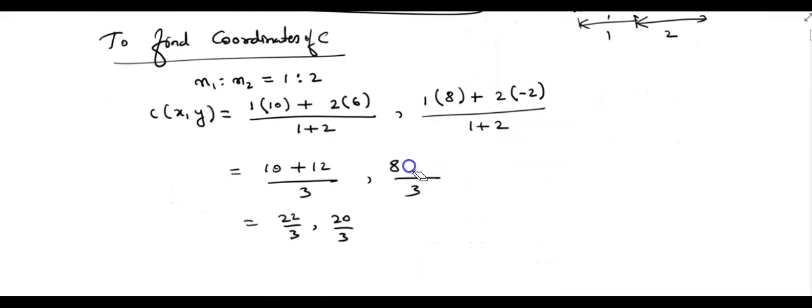Plus into minus is minus, 2 2s are 4. 8 minus 4 is 4 by 3. So the coordinates of C are C of x, y is 22 by 3, 4 by 3. Any doubts? This is the trisection formula.